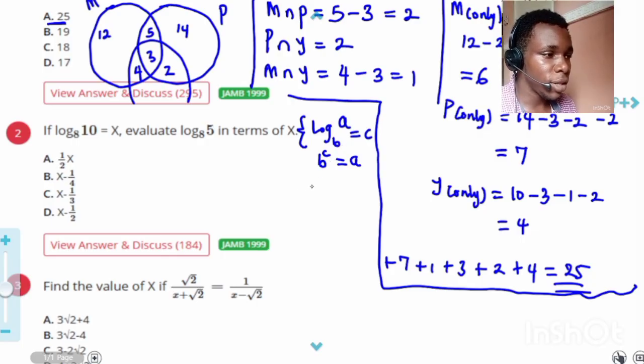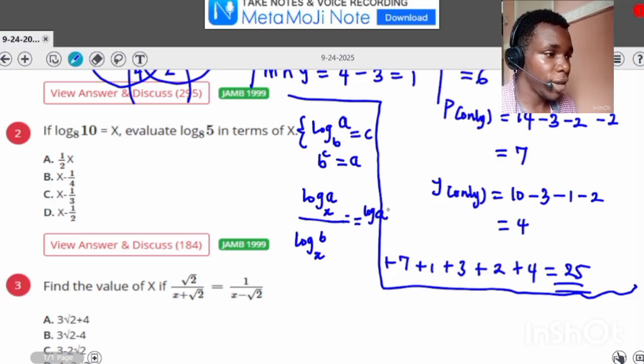Doing that would entail you say log of a number a of the new base x all over log of the initial base b of the new base x. That will give you the new expression, log of a in base x.